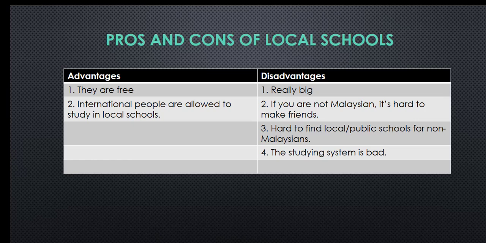Now, disadvantages. Okay, so the first one, it's extremely big. As I said earlier, it's really big. Public schools usually contain at least, in just primary school, by the way, not mixed, from 500 students up to 700 students.